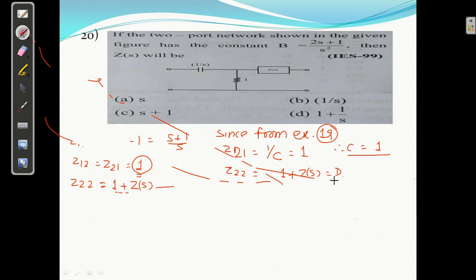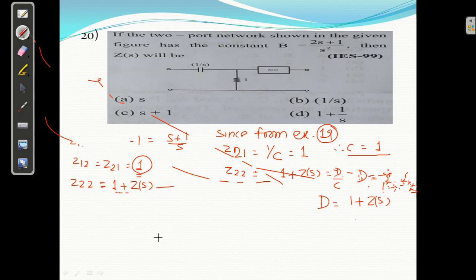D by C, so you will get D equal to 1 plus ZS, because C equal to 1.